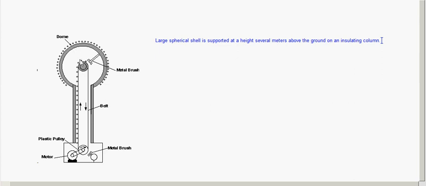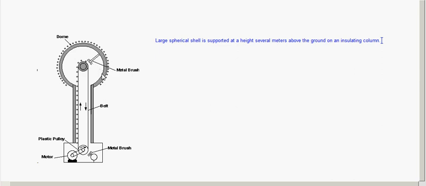This positive charge which is carried to the upper pulley is transferred to the shell using another metal brush. So there are two metal brushes here. The first one sprays the positive charge onto the belt. The belt carries the positive charge to the top pulley, and from there the positive charges are transferred to the outer shell using another metal brush.